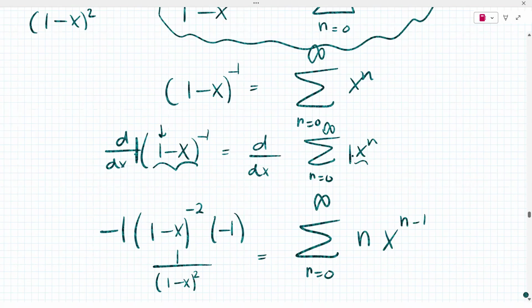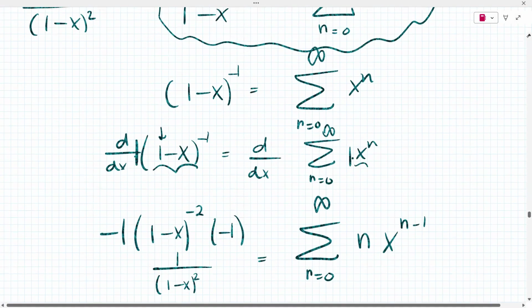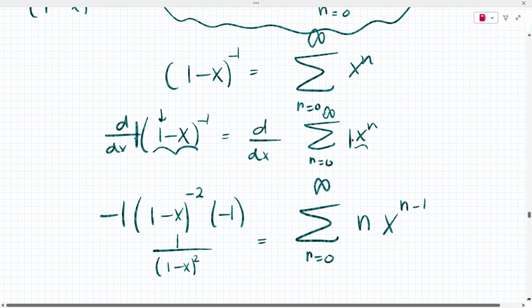What we did was we just rewrote 1 over 1 minus x into a negative power. But if you compare it, let's compare.